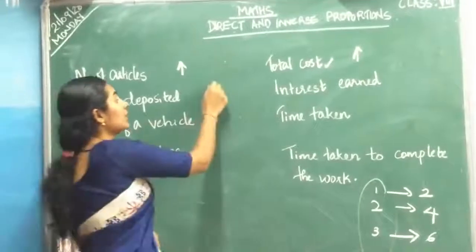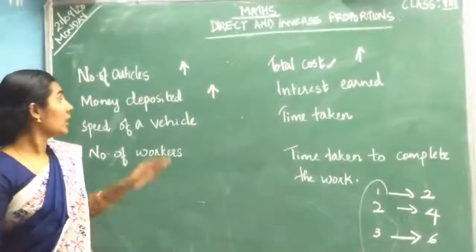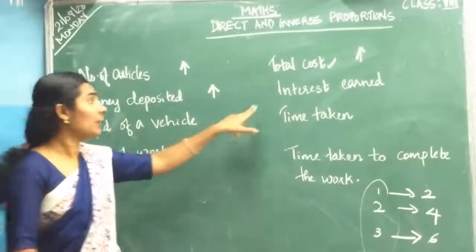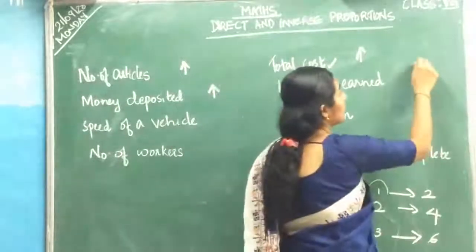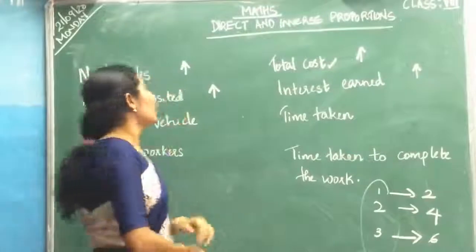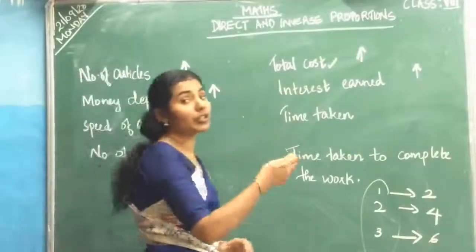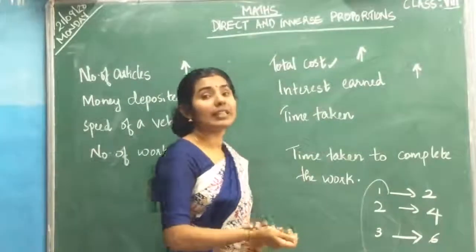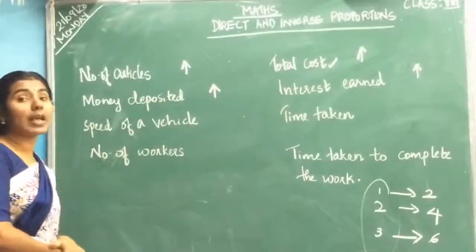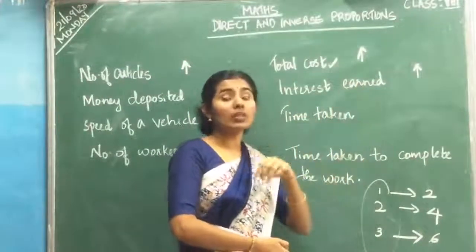If you are increasing the deposited money, the corresponding interest also increases. So, when you are increasing the number of articles, the total cost also increases. Similarly, when you are increasing the money deposited in a bank, the interest also increases.